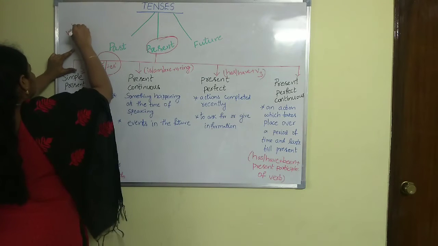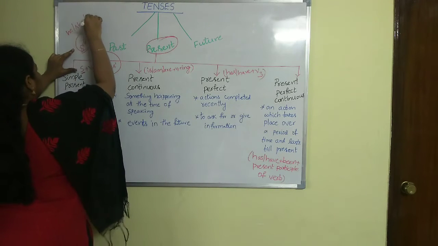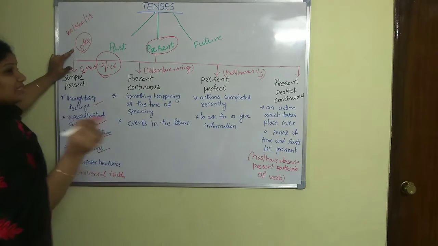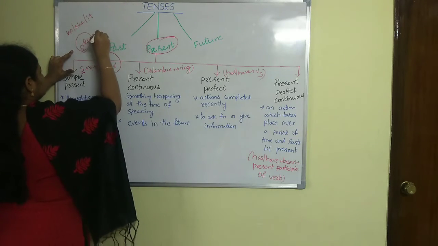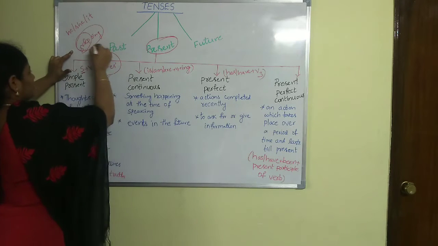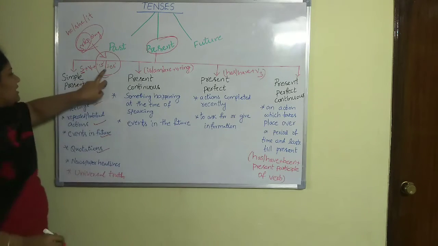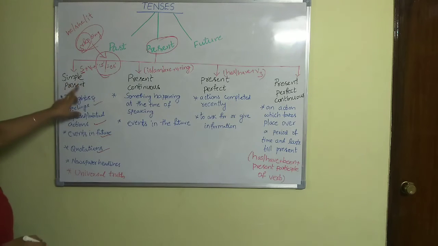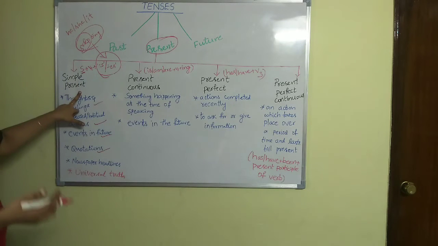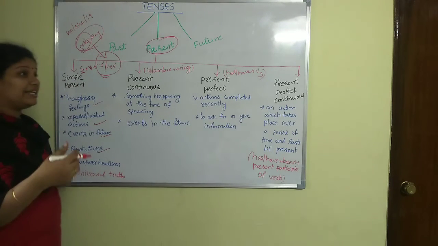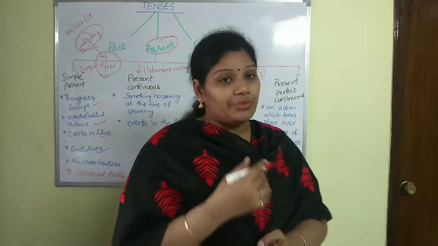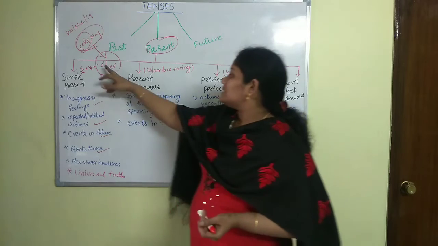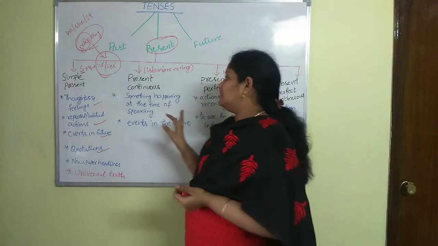He, she, it. So only with the third person singular we use this s or es in the simple present tense. If it is the first person or second person or third person plural, we don't add s or es along with the verb.